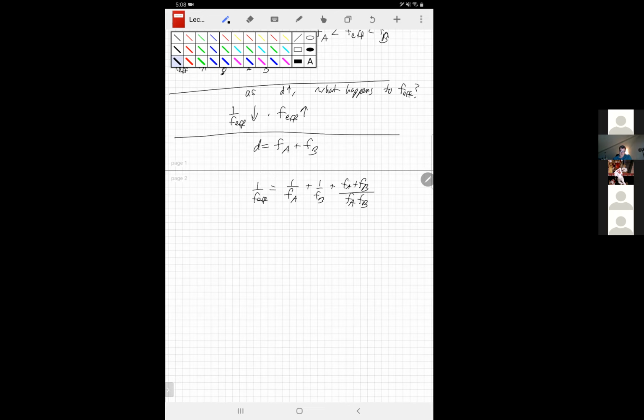Let's see here, the first term is going to be FA over FA FB. And the second term is going to be FB over FA FB. Oh, and that should have been a minus sign there, excuse me.